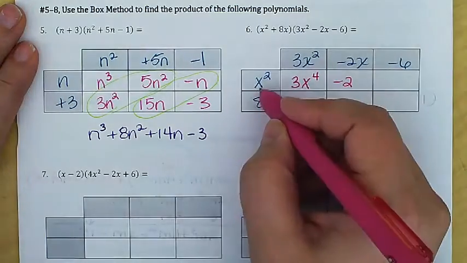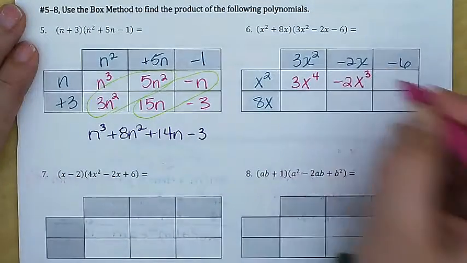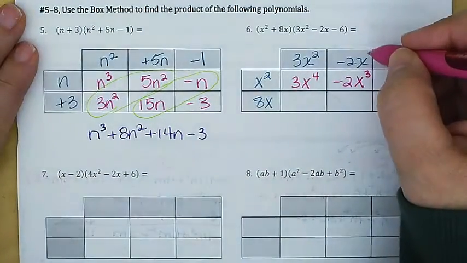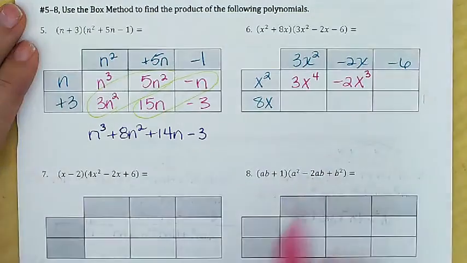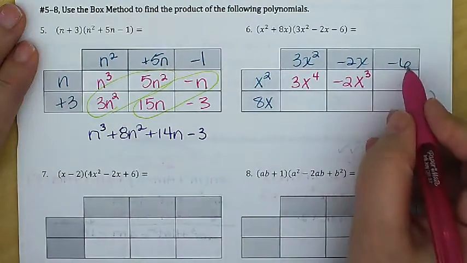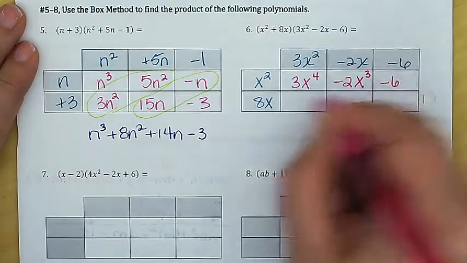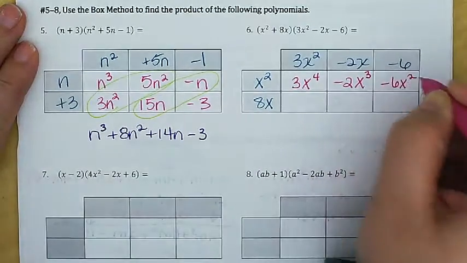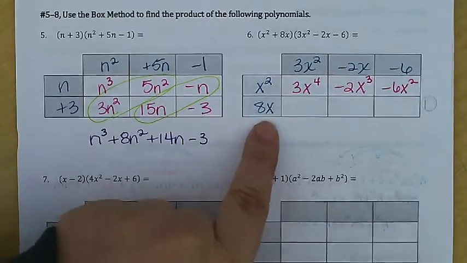And then x squared times an extra x is now going to make that x to the 3rd, because again, there's an implied 1 here if we don't see it, and I'm adding those powers to get my new product. Negative 6 times x squared, well, negative 6 times 1 is still negative 6, and then I still have the x squared. So that's that product.